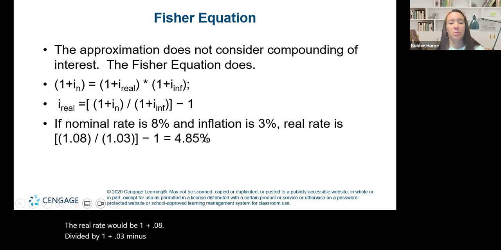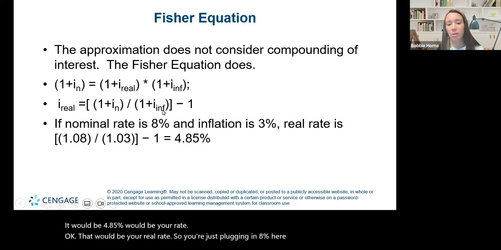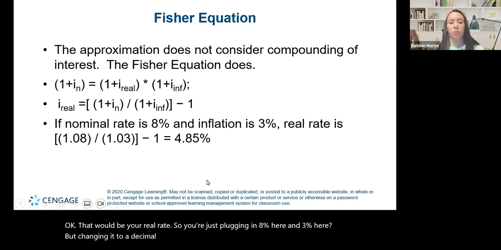So if you plug those in, it would be 4.85%. Okay, that would be your real rate. So you're just plugging in 8% here and 3% here, but changing it to a decimal, so 0.08 and 0.03.